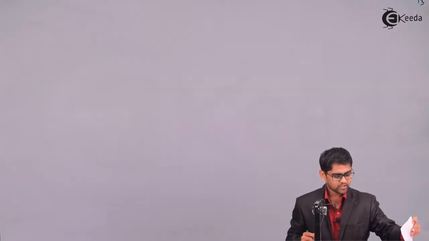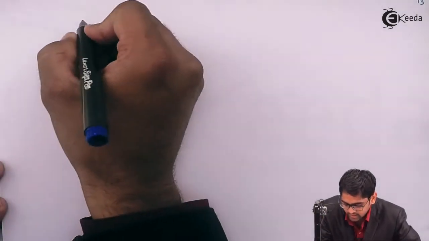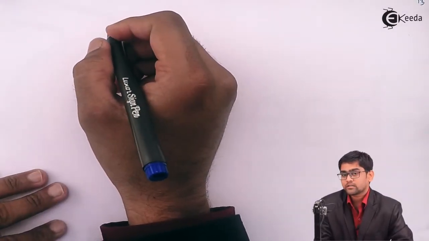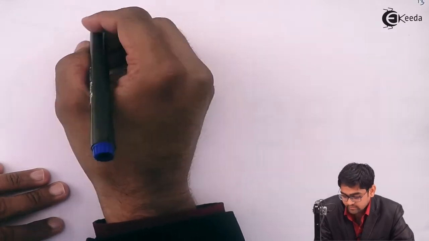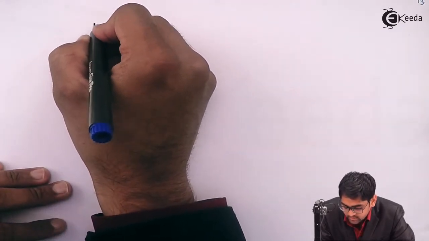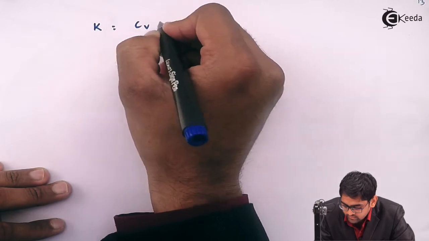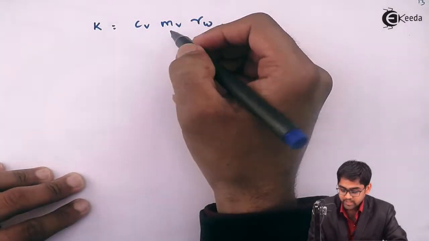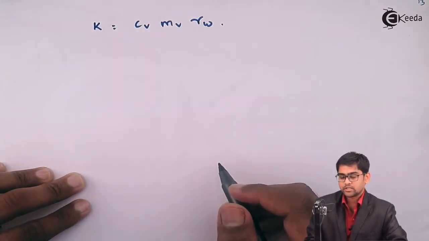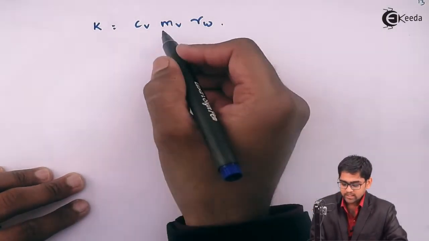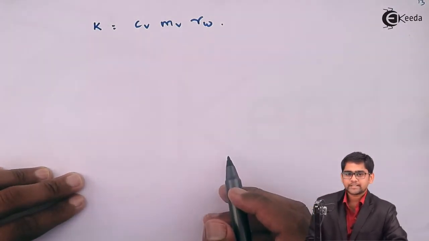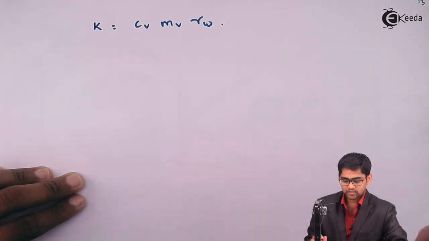So we'll go with this procedure, but prior to the procedure I would like to highlight some of the formulations. Like we have seen, by deriving the one-dimensional consolidation equation, we have seen that k equals CV MV into gamma w, and we will be assuming that the k and MV values will not change during the progress of the test, and since MV and k will not be changing, CV is also assumed to be not changing during the consolidation stage.